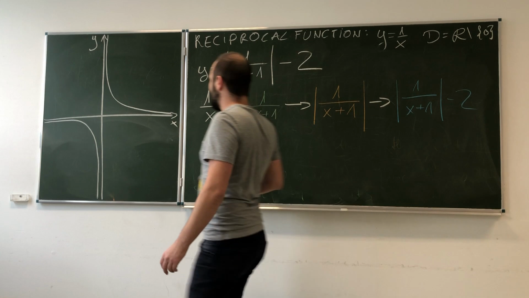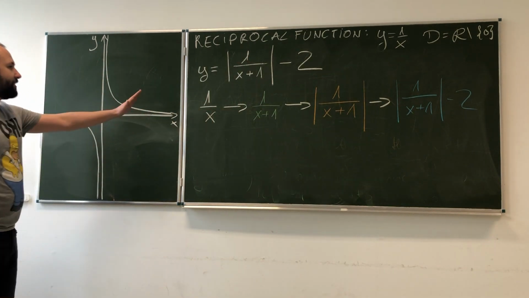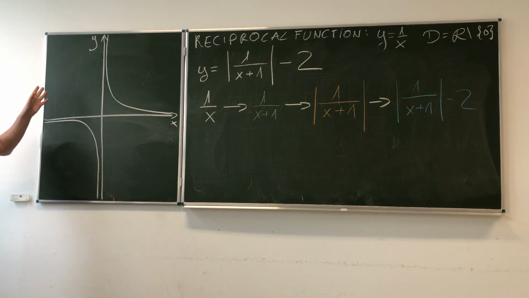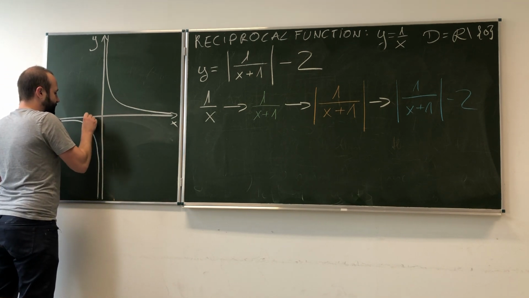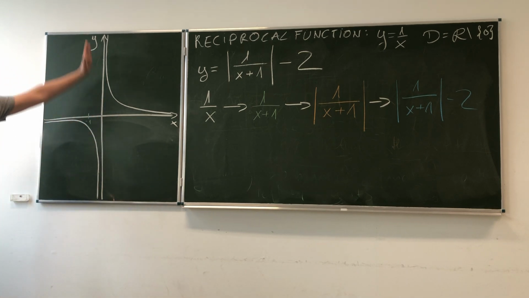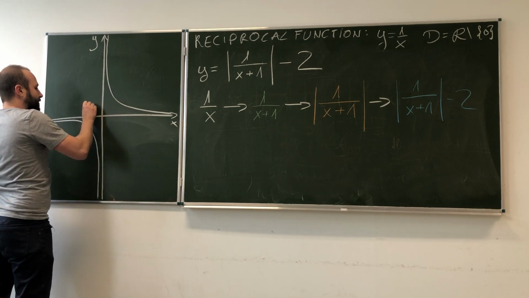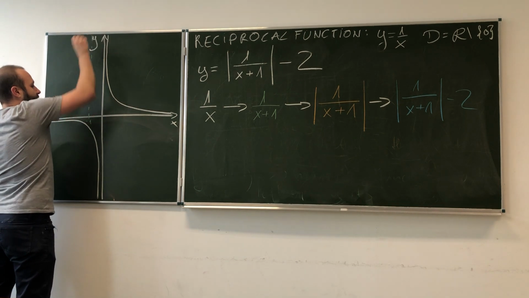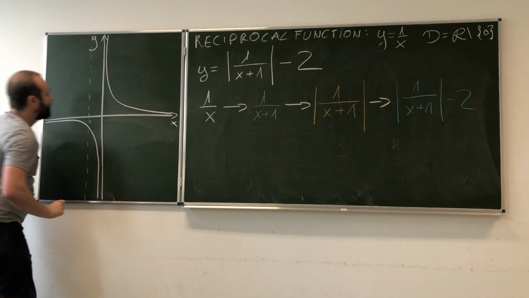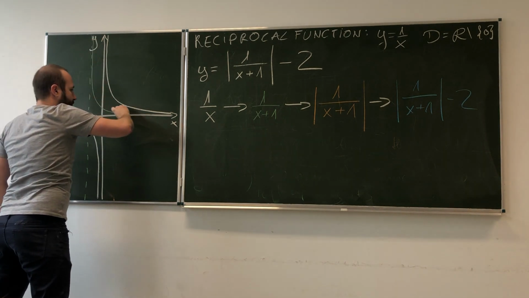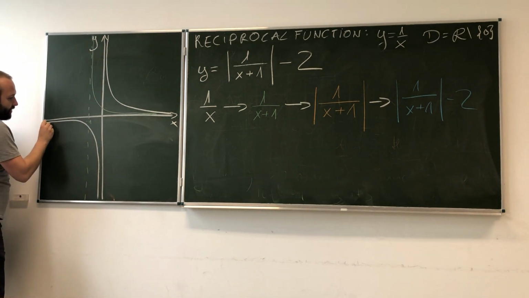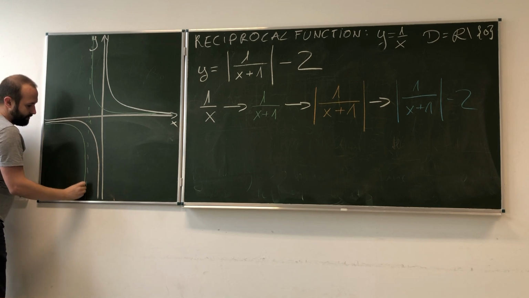So if I have plus 1 here, I need to move the function by 1 unit to the left. So, the easiest way, of course, to do it is by moving the asymptote from the y-axis. Okay, and now I just need to draw exactly the same function, just 1 unit to the left.